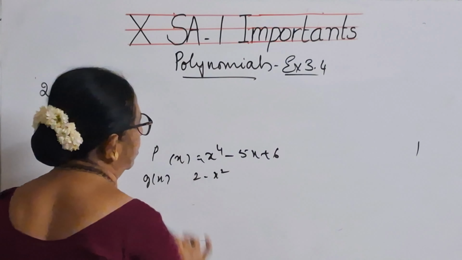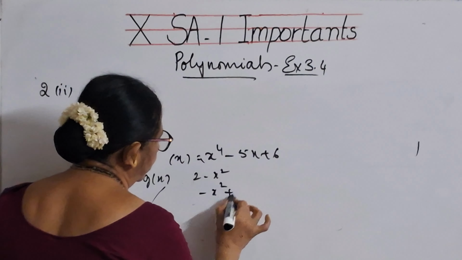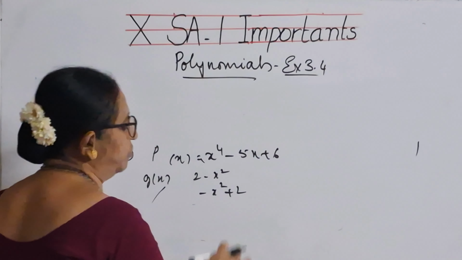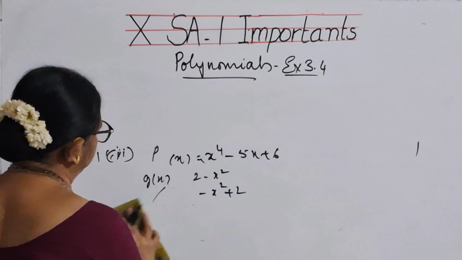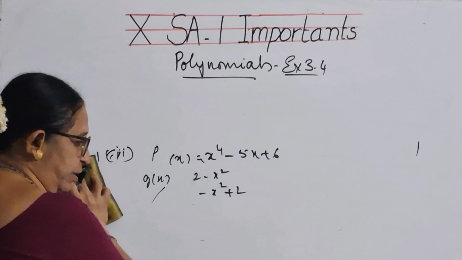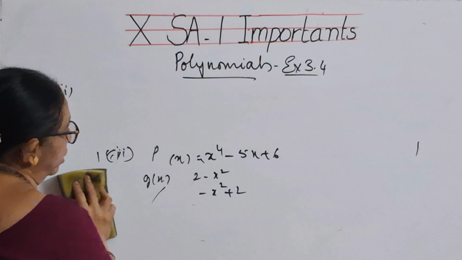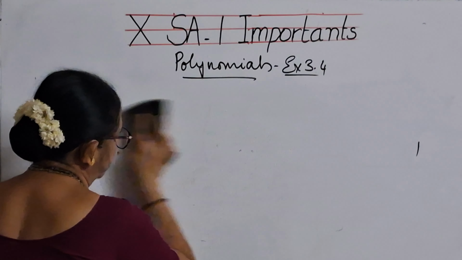So write them in an order. That is minus x square plus 2 you write. Then you start dividing. That will help you to solve the problem easily. This is not there in important questions, but I am explaining in case you get it, what you need to do. Now let us go for the next one.